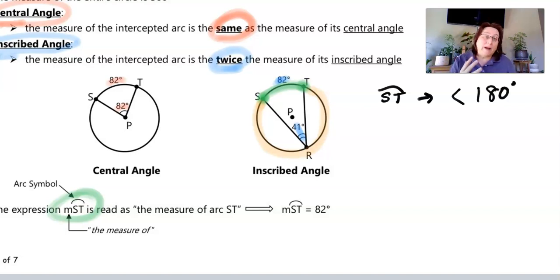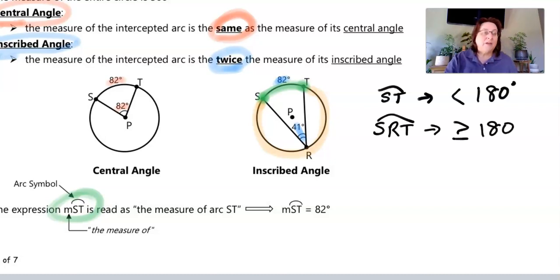When an arc is greater than or equal to 180 degrees, we have to name it using 3 letters so that it tells us which direction to go around the circle. So I would name this arc SRT right here, and that means that it is greater than or equal to 180 degrees. So again, when we name an arc with 2 letters, it's what we call a minor arc. It's less than 180 degrees. And when we name it with 3 letters, that means it's a major arc. It's greater than 180 degrees.